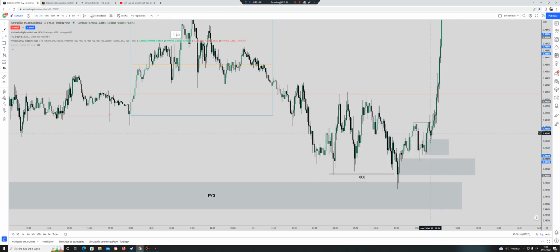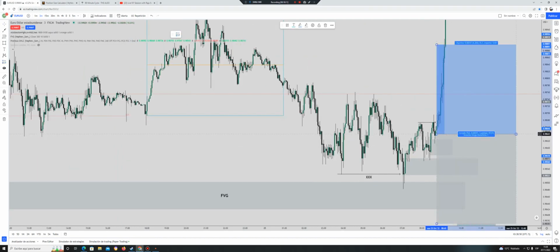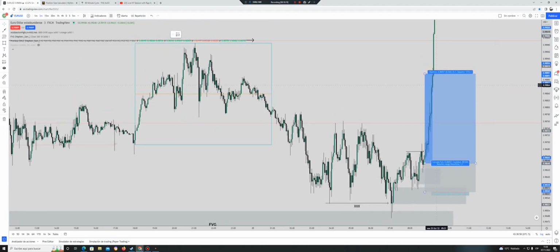What time? 8:30, 8:40, and then you already have your information. Okay, you know that this 90-minute cycle is starting from 8:30, you can put a stop loss below those lows and your TP below those highs.